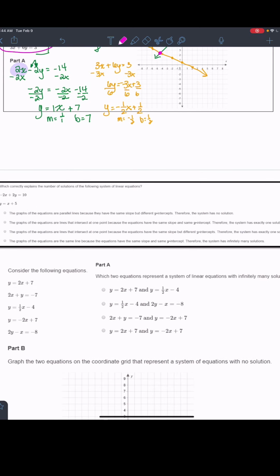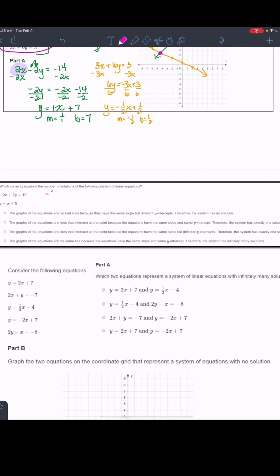So I want you to take a look. This next problem says, which correctly explains the number of solutions of the following system of linear equations. You have two options. You can just go solve it. Find your x, find your y. Or there's another strategy.